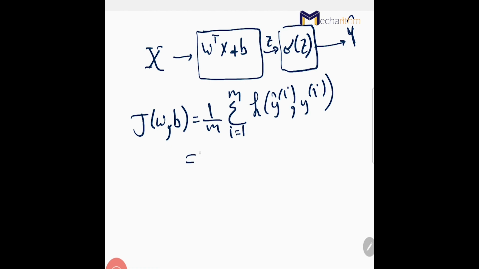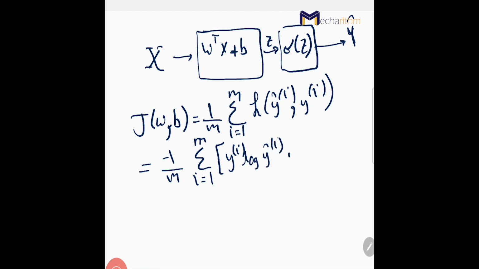So this is going to be equal to negative 1 over m multiplied by the summation of i equals 1 up to m of the following expression, which is y_i log ŷ_i plus (1 minus y_i) log(1 minus ŷ_i), and then just close my bracket.